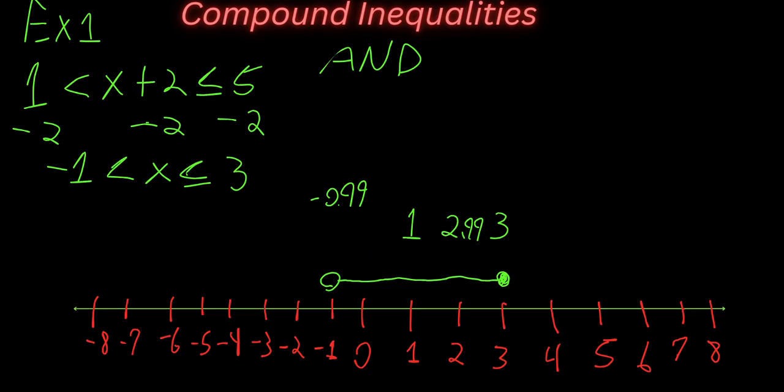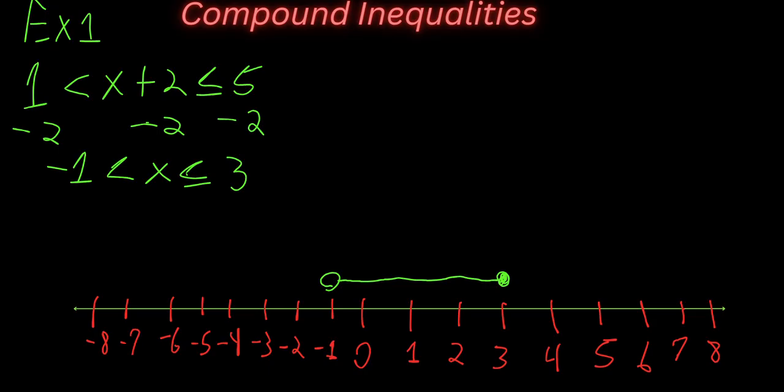Okay. So we just solved an AND statement. And we're seeing that this is a range, an in-between of two, any number between 2 points.